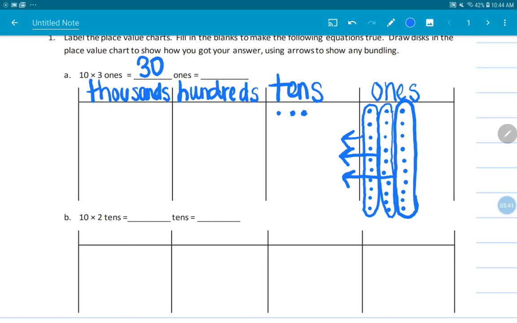So we just proved that 30 ones is equal to how many tens? 3 tens. How do I write that number in standard form? Just 30. Very good. 3 in the tens place and a 0 in the ones place.